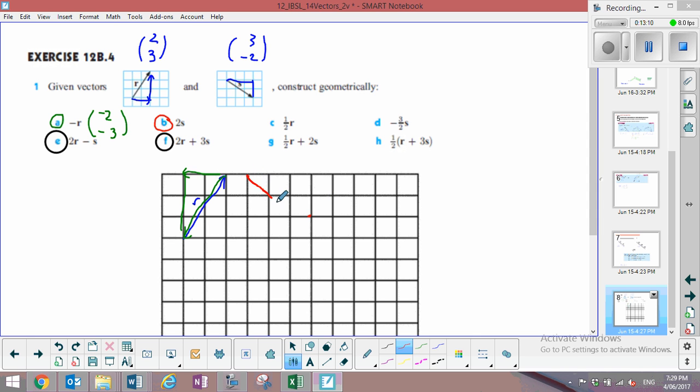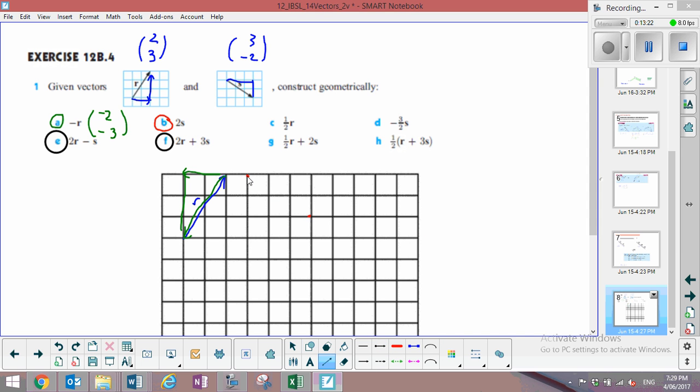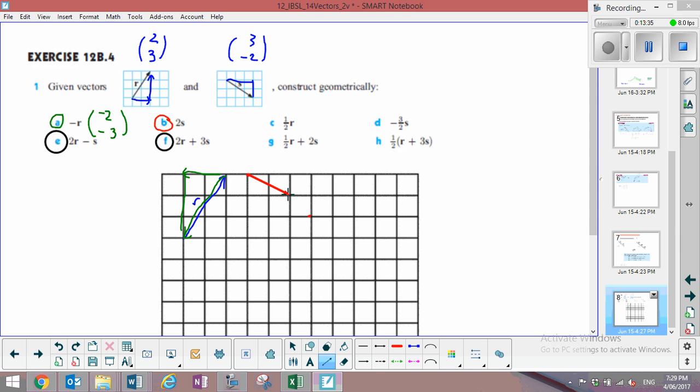Let's just go to a line here, and we'll go red. So we're starting here. Try again. So we want to do a line from here to there. Beautiful. So there's our S.